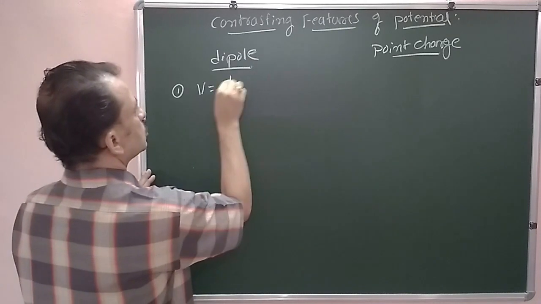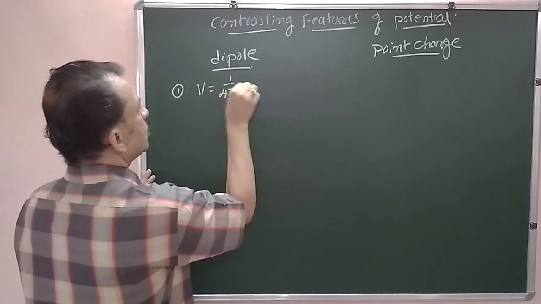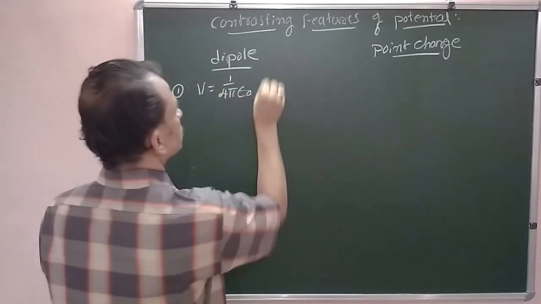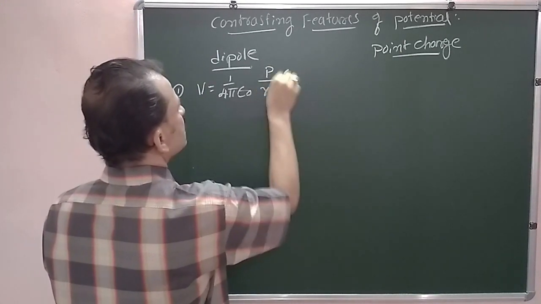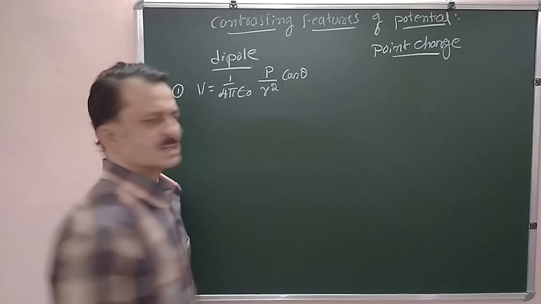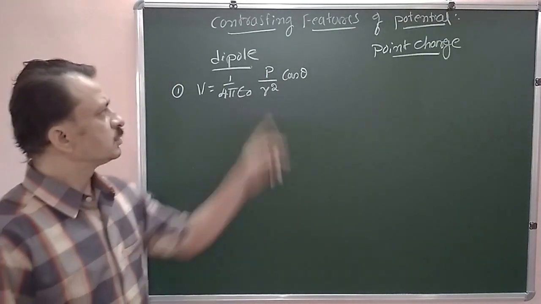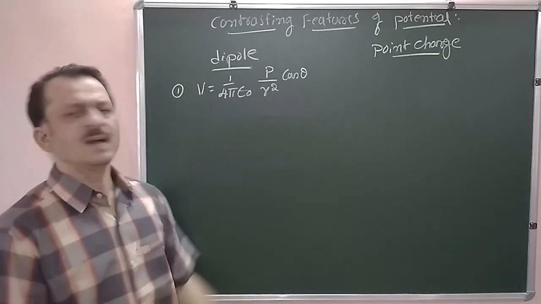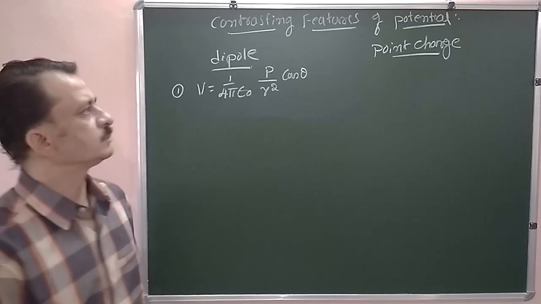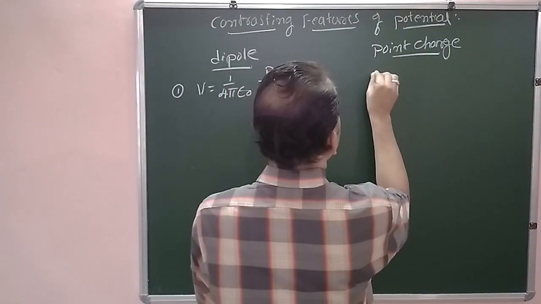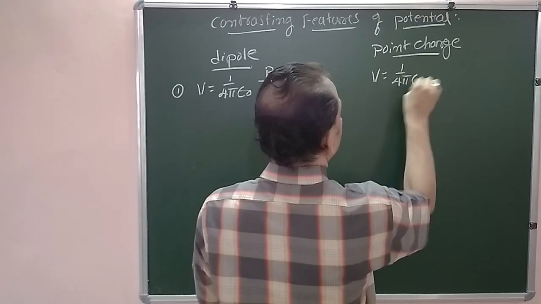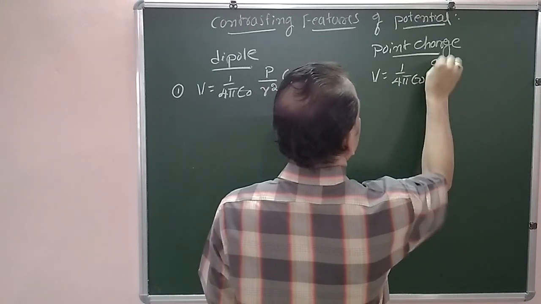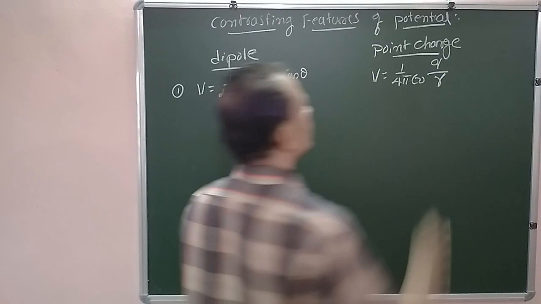V is equal to 1 divided by 4 pi epsilon naught into P divided by r square into cos theta, where P is the dipole moment. Here due to a charge, it is 1 divided by 4 pi epsilon naught into Q by r.